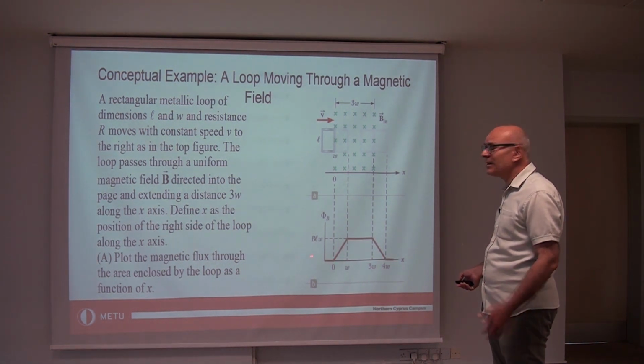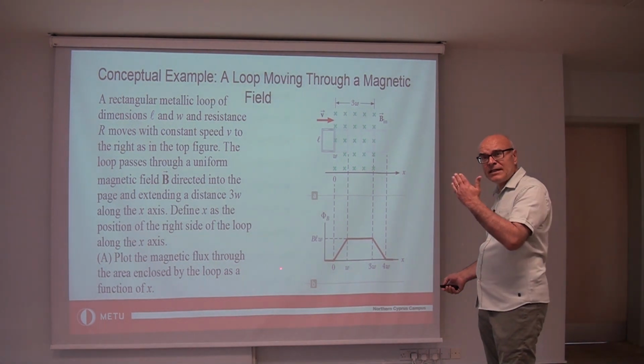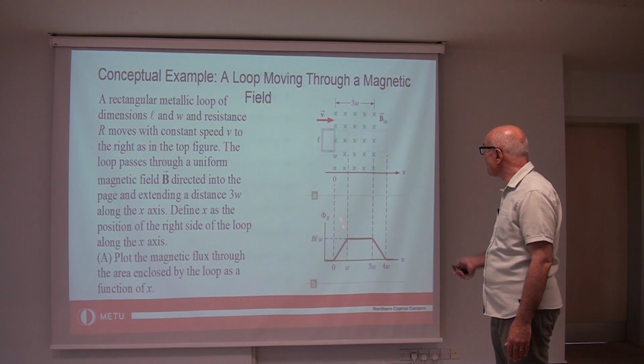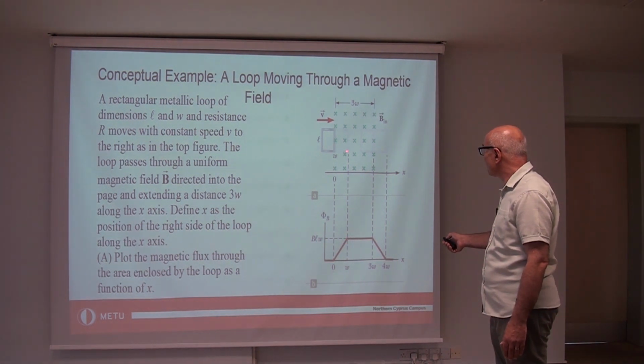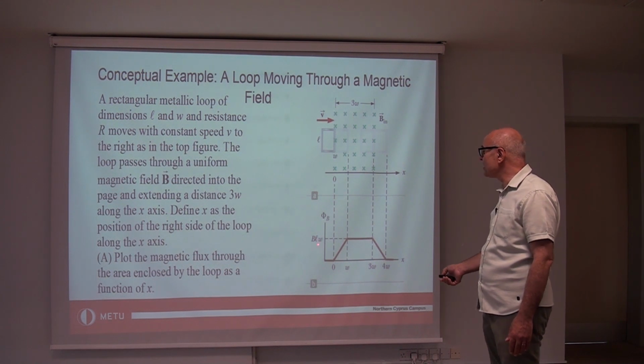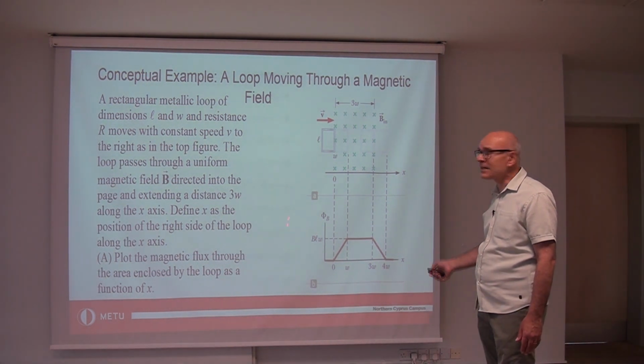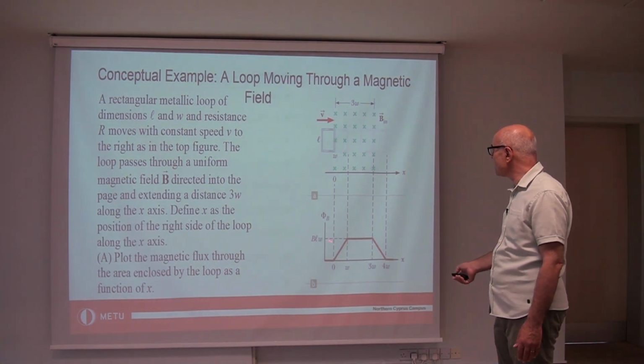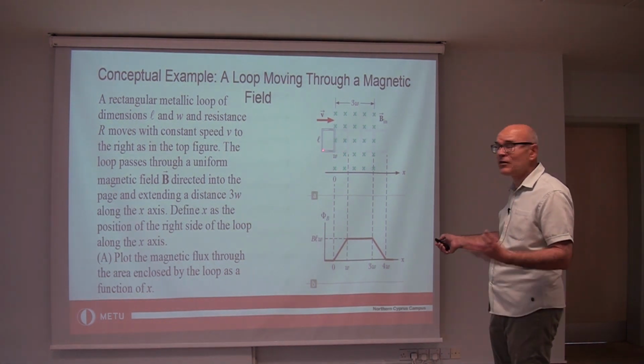And so it will be a function that will increase linearly with x from 0 until it reaches the max. When it is totally in the region, when x is equal to W, then BLW is the maximum flux that it has. Now, as it moves here, the flux is constant at this value because the magnetic field is uniform.